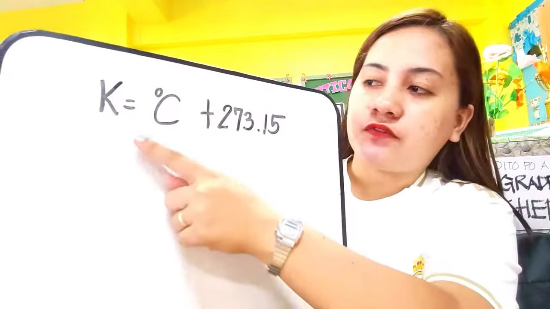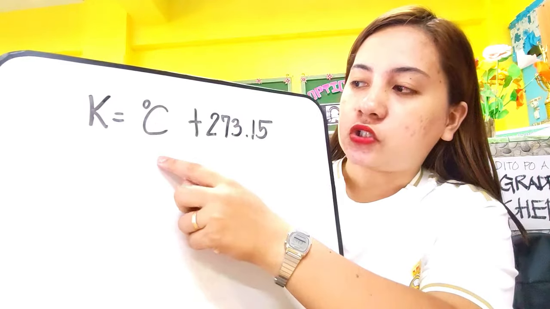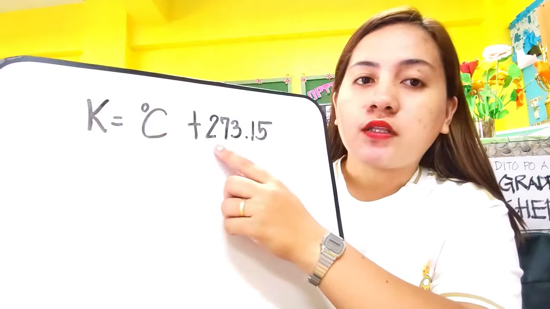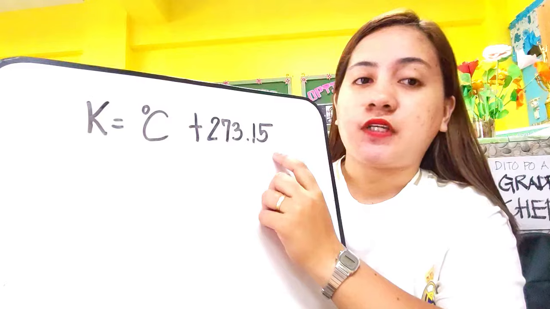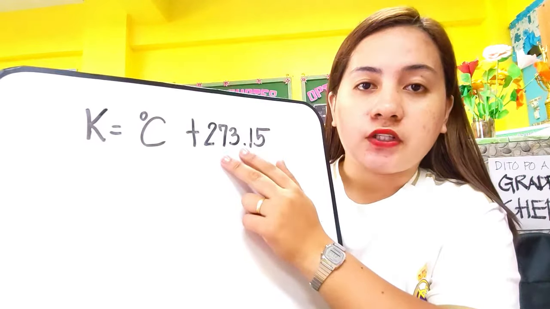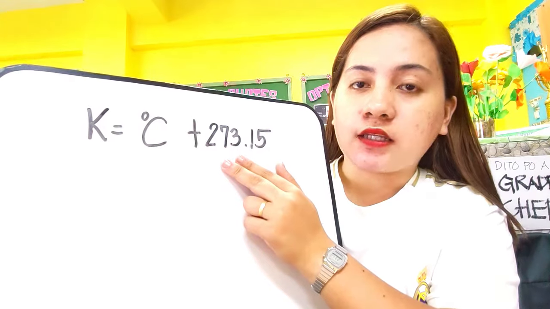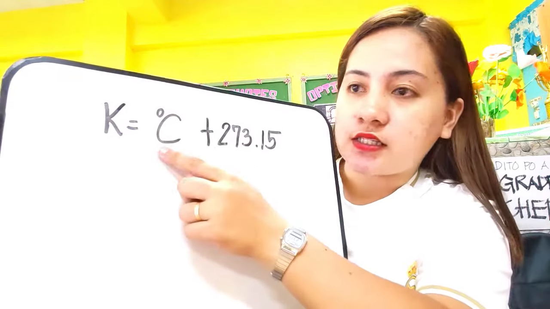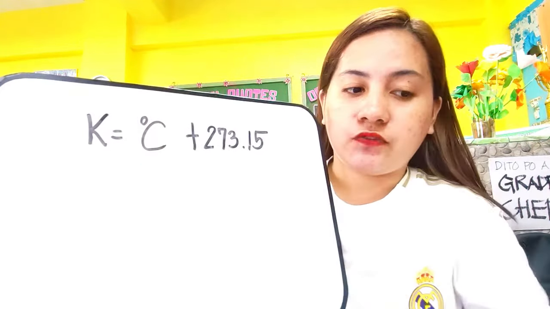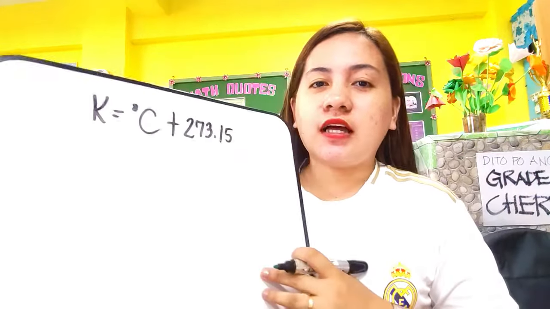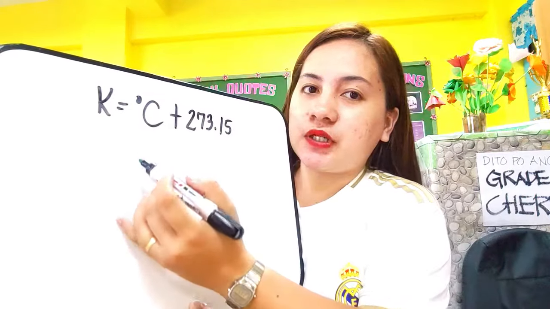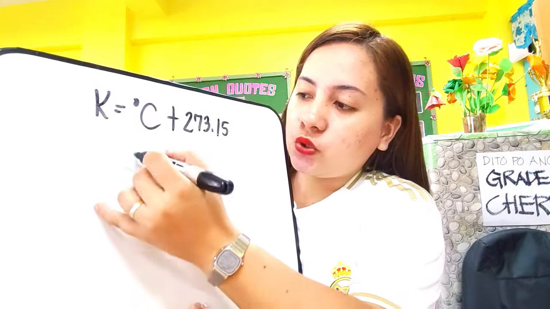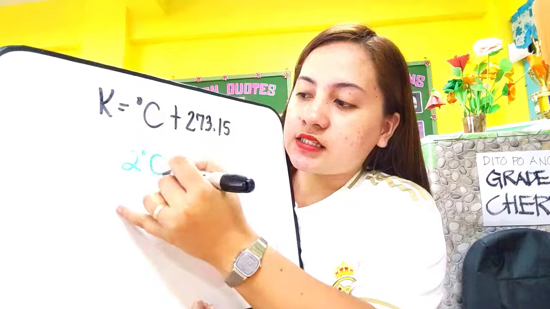We have Kelvin is equals to degree Celsius plus 273.15. This is a constant value. So, ito lagi yung gagamitin natin kapag magko-convert tayo ng Celsius to Kelvin. Let us have an example. Let us say ang ating value ng temperature is 2 degrees Celsius.